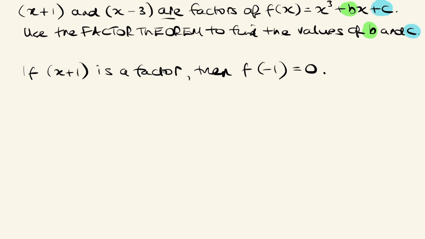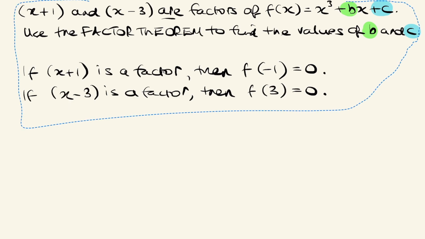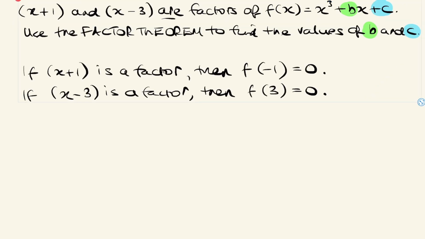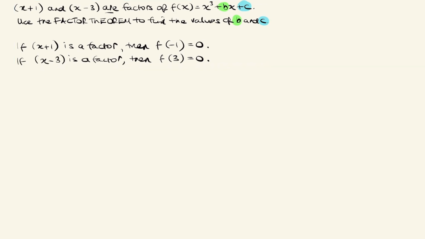And by the same token, if x minus 3 is a factor of our f of x, and we're told it is again, then f of positive 3 equals 0. I've taken this, I've reversed its sign. And my knowledge of the factor theorem helps me to form two helpful equations, simultaneous equations.